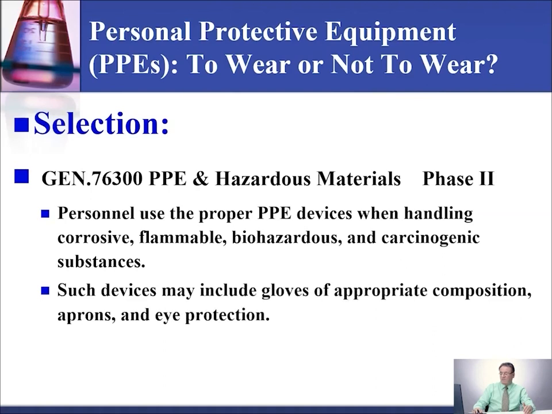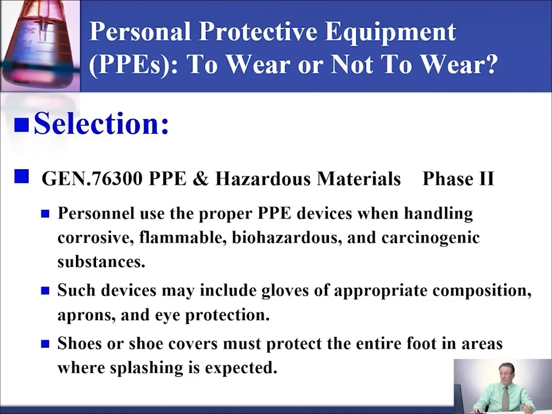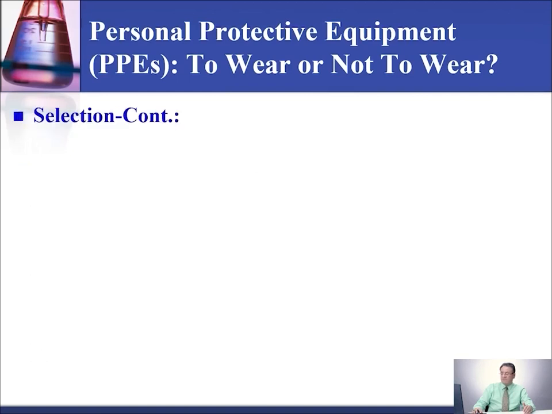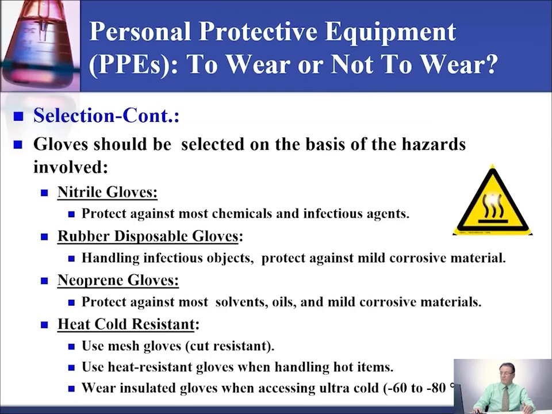Such devices may include gloves of appropriate composition, aprons, and eye protection. Shoes or shoe covers must protect the entire foot in areas where splashing is expected. Also, gloves should be selected on the basis of hazard involved.